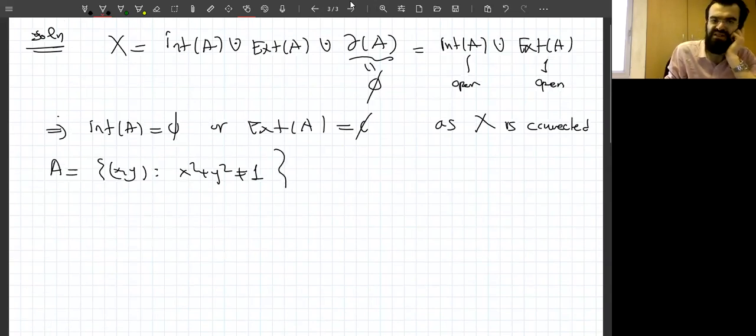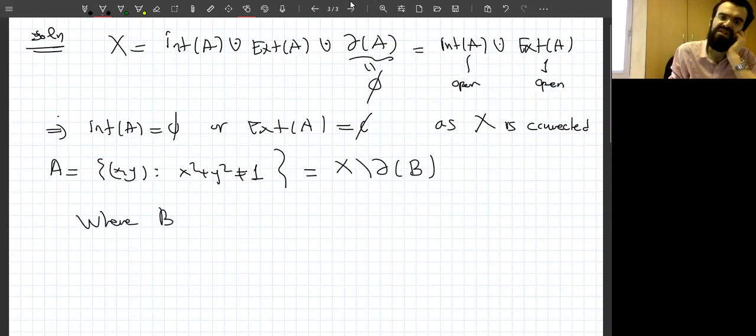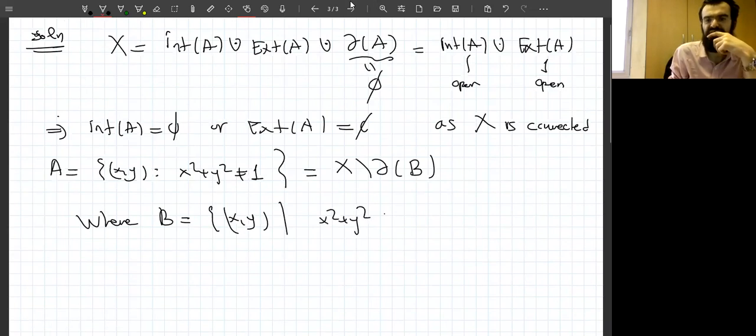We can write this as B, where B is the set of XY such that x squared plus y squared is less than or equal to 1.